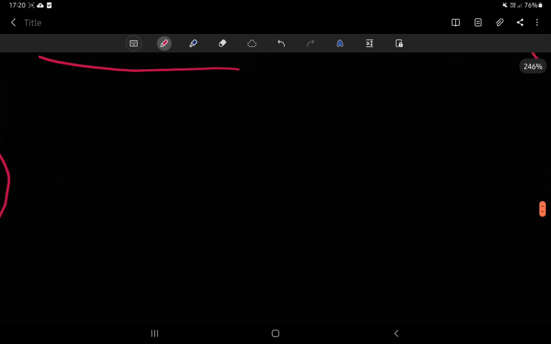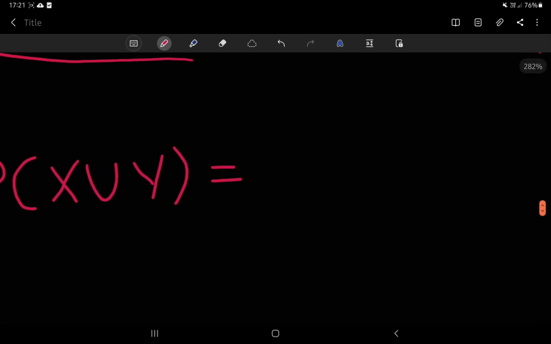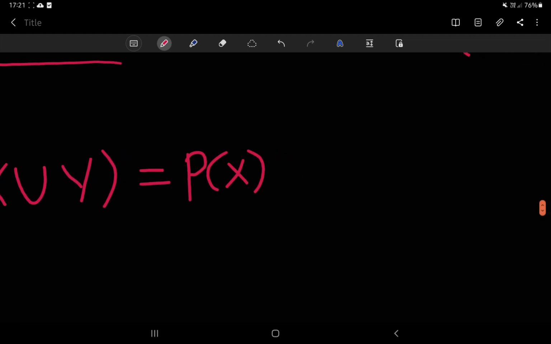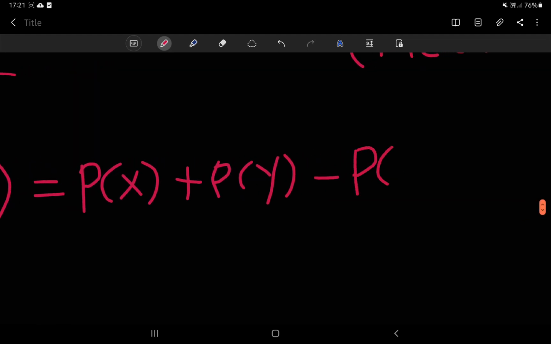Then you need to find the probability of X union Y. For the case of not mutually exclusive events, the formula is the probability of X, plus the probability of Y, minus the probability of the intersection.